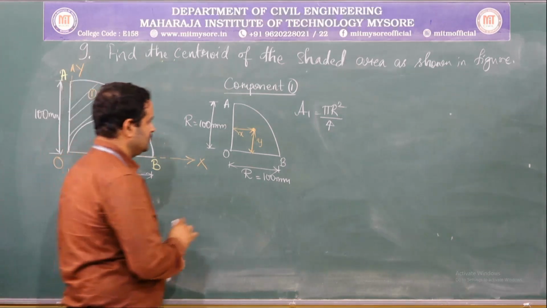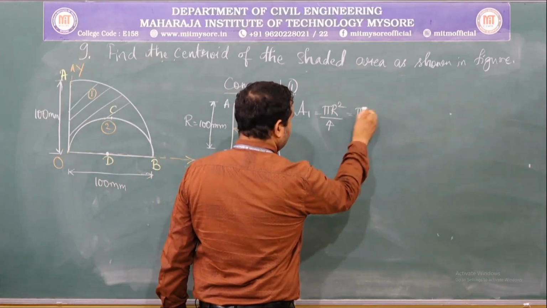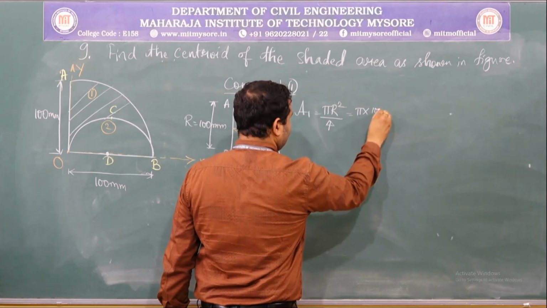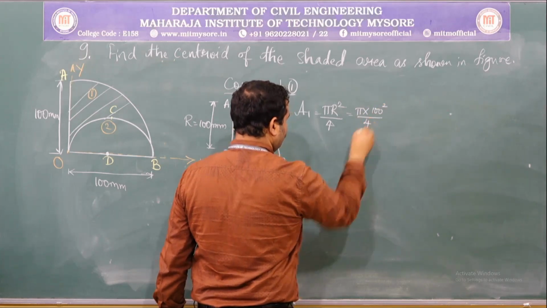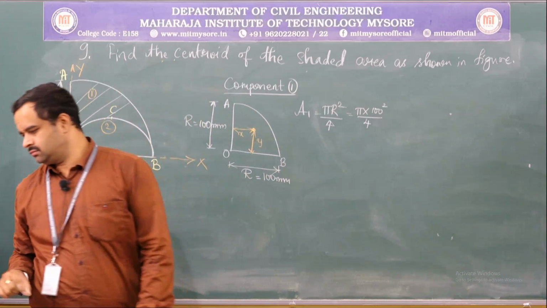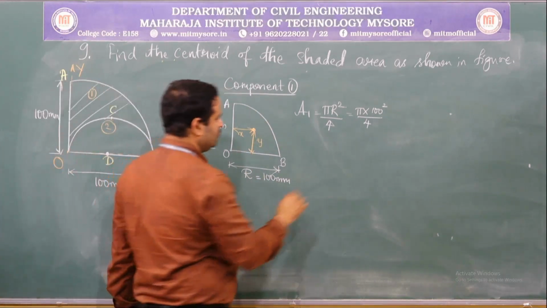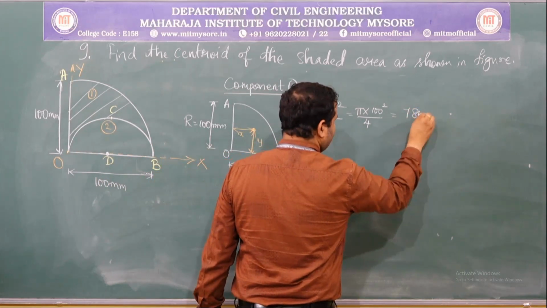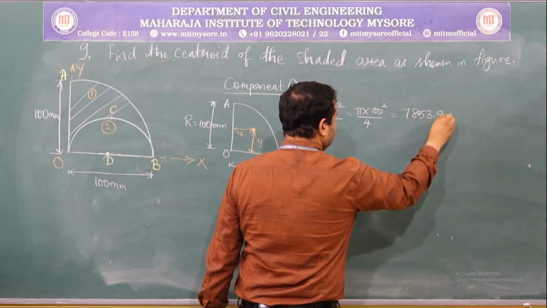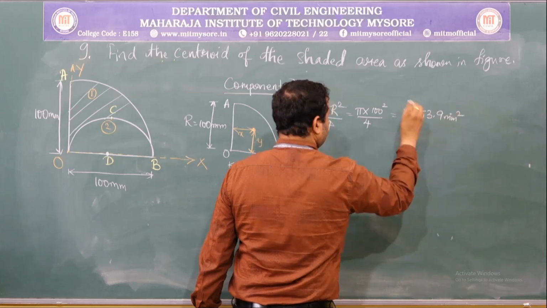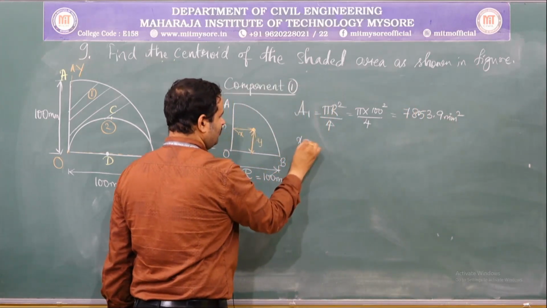Okay. So, pi into 100 square by 4 is equal to 7853.9 mm square. Next, what about its x component?